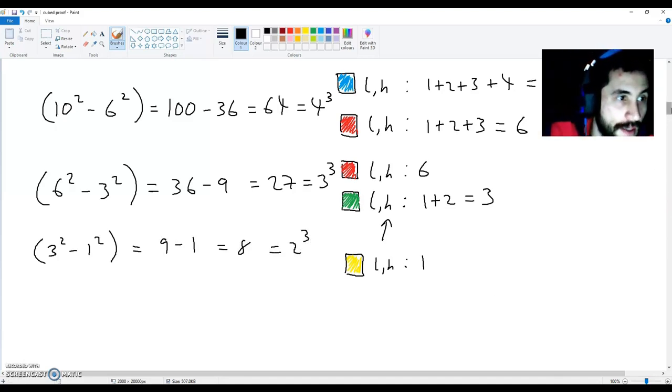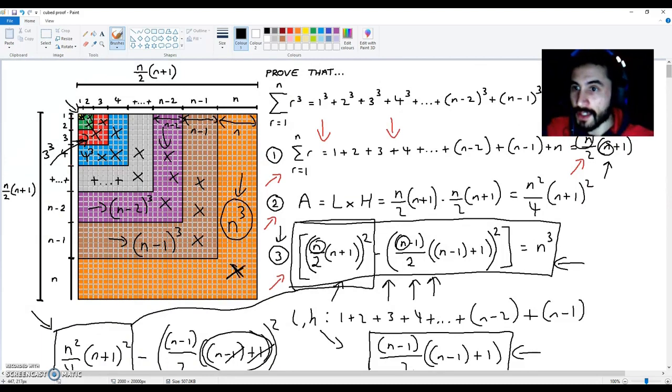So the area shaded in green over here is 2 to the power of 3. Now the area of this yellow square is simply 1, and 1 is the same as 1 cubed. So we're just going to call this shaded area in yellow 1 cubed.